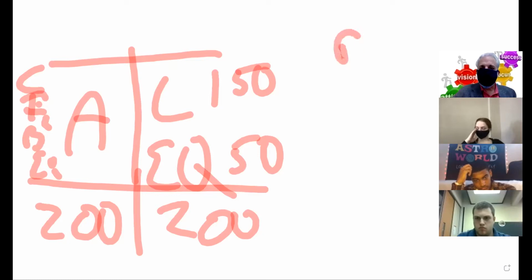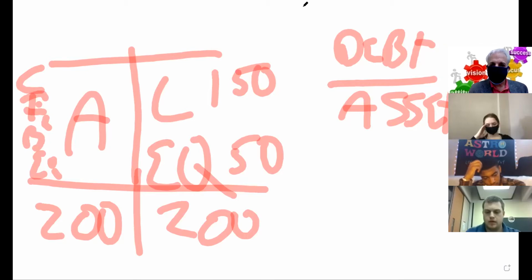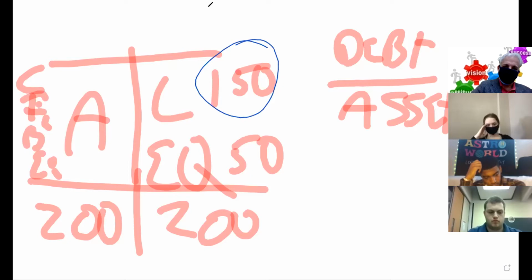What is my debt to asset ratio? Good question. Well, what's another word for debt? Looks like liabilities to me. So my total liabilities is 150, right here.